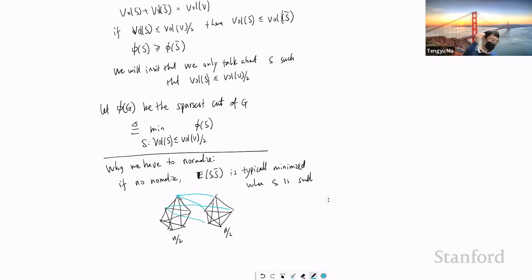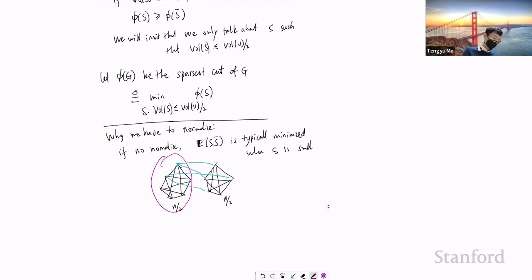It sounds pretty clear that the best cut you should get is this one, right? Because within the cluster you have full connection, and across the 2 clusters you have, let's say, 2 edges per node. So it sounds pretty clear we should do this.